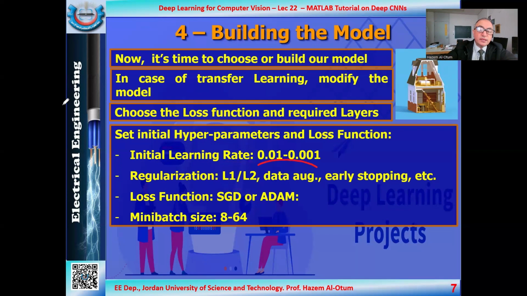You can also apply data augmentation to avoid overfitting or underfitting. When you see that the system is not improving further, you can use early stopping, which is very helpful. You can also change the loss function, and use SGD, SGDM, or the Adam optimizer. All these tools can be found within the software or when you program your own network.